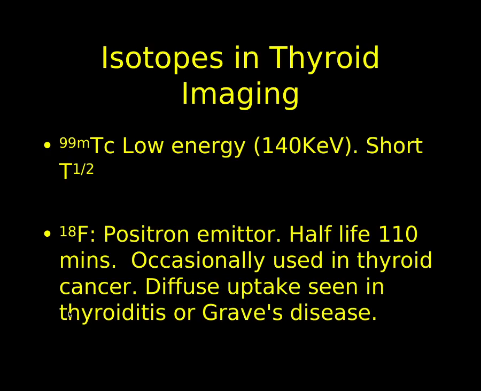One thing I just do want to mention about F18 and fluorodeoxyglucose, which is the commonest radiopharmaceutical we administer, as I said, in PET scans, we can sometimes incidentally see diffuse uptake in the thyroid gland on, for example, an FDG PET scan being performed for cervical cancer or lung cancer. What's the significance of that, you might be asked, and what's the significance of incidental focal uptake?